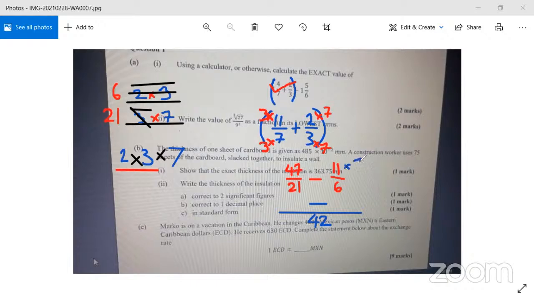So we multiply the 11 by 7. That's going to be 77. And we're going to multiply 47 by 2. This is looking a lot like 94. 94 minus 77.